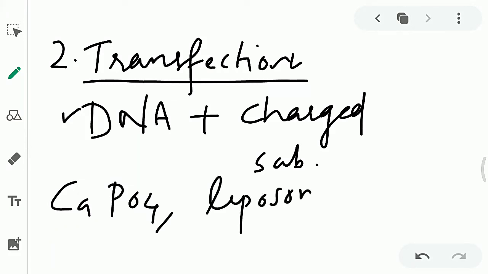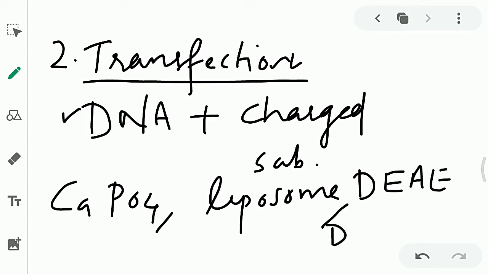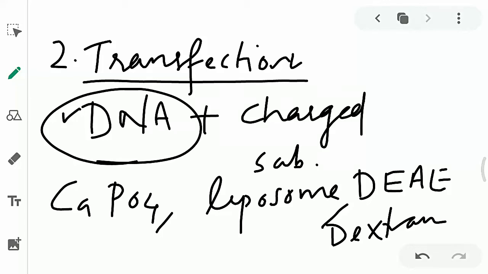Another thing is liposome or DEAE dextran. These are some charged substances. You mix your DNA with this, and then the cells will take it up.